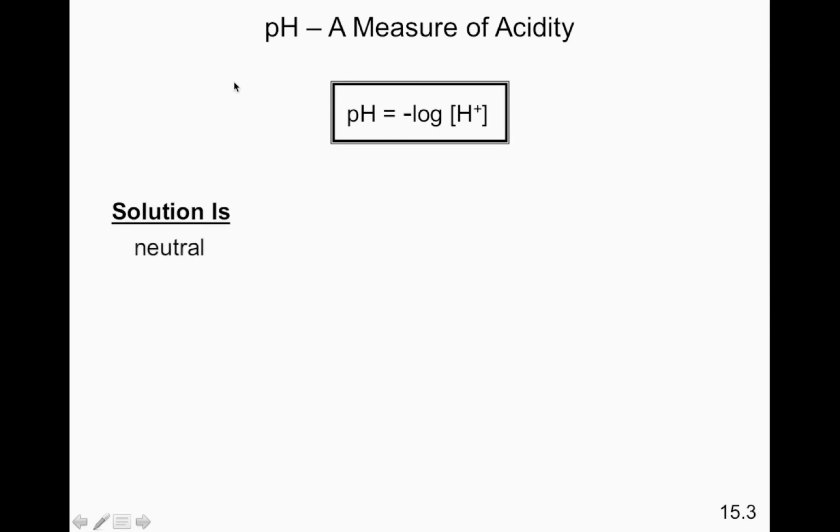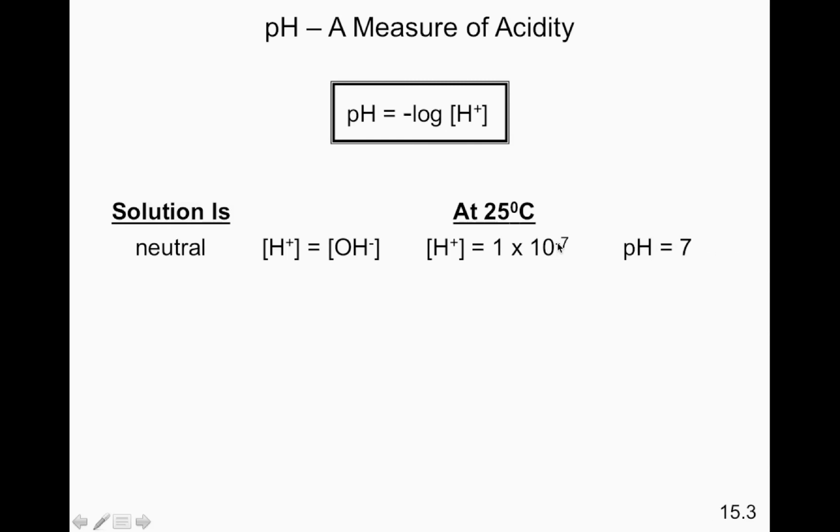So if you have a neutral solution, that means your hydroxide concentration is equal to your hydrogen ion concentration. Now at 25 degrees centigrade, this is the concentration of your hydrogen ions, 1 times 10 to the negative 7. And the pH would be 7. So remember, it's the negative logarithm of this value.